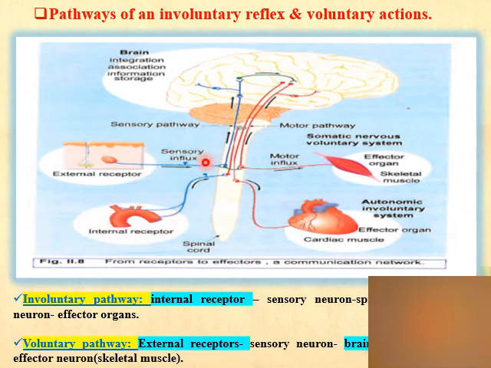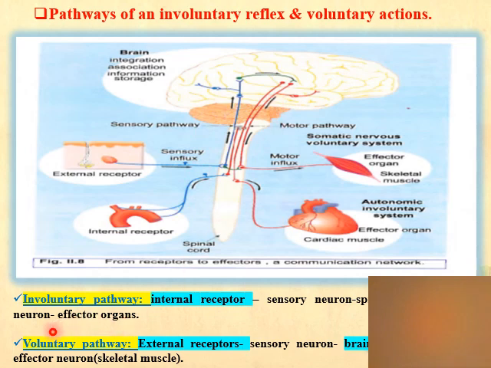This action will not be controlled by the brain, it will be controlled by the spinal cord. For example, we have here the cardiac muscle, which plays the role of an effector organ. The message for the cardiac muscle to act is controlled by the spinal cord and not by the brain.